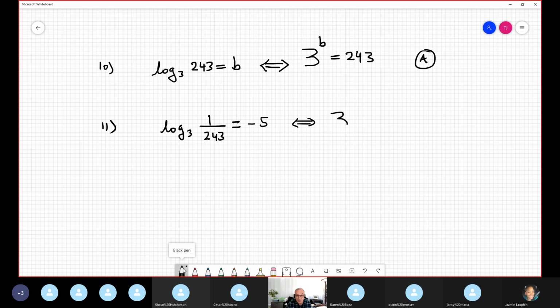The base is 3 again. The exponent is -5. And the result is 1 over 243. In this case, the answer of this equation is 5, but you don't need to solve it. But we see -5, so it's the reciprocal. It's the same result, but flipped. Make sense?